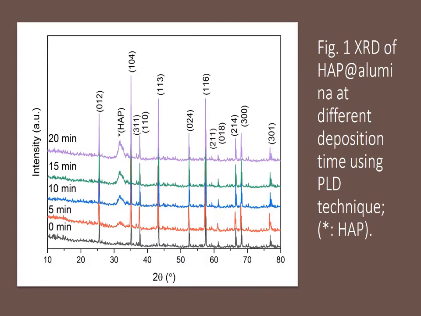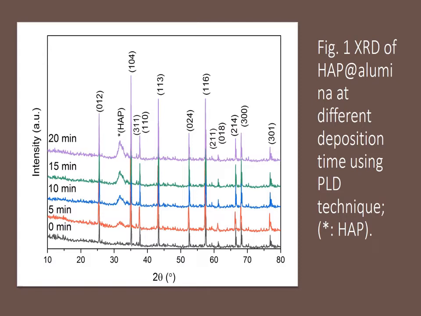All scaffolds were processed at fixed laser parameters, including 1064 nanometer wavelength, 10 Hz repetition rate, and 8 nanosecond pulse duration. The deposition was processed at variable laser time from 0 to 20 minutes for all compositions.